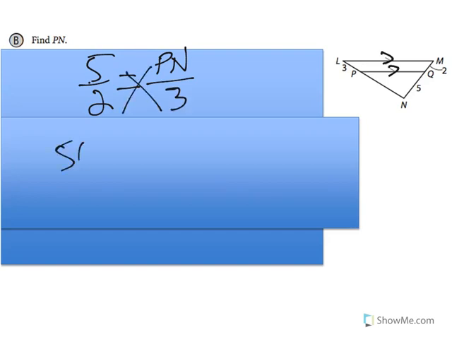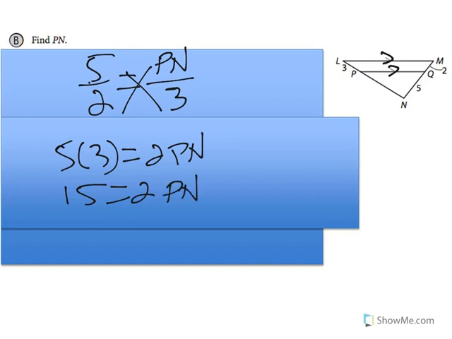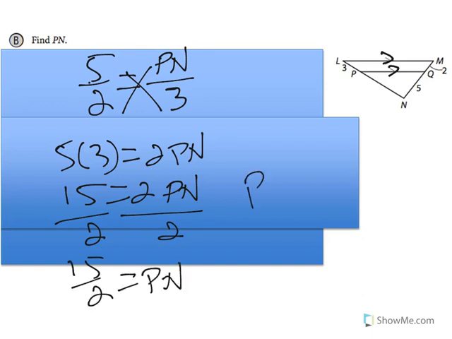So we have 5 times 3 equals 2 times PN. So 15 equals 2 times PN. To solve it, we divide both sides by 2. So 15 over 2 equals PN, or we can change it into a decimal. PN is equal to 7.5. Okay?